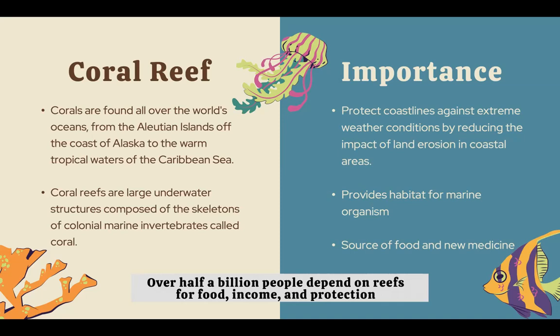They are the most biologically diverse natural communities on the planet, and corals are found all over the ocean, from the Aleutian Islands of Alaska to the warm tropical islands in the Caribbean Sea. Coral reefs are large underwater structures composed of the skeletons of colonial marine invertebrates called coral.